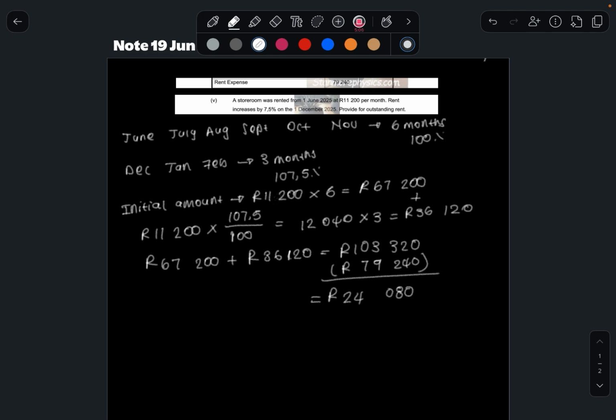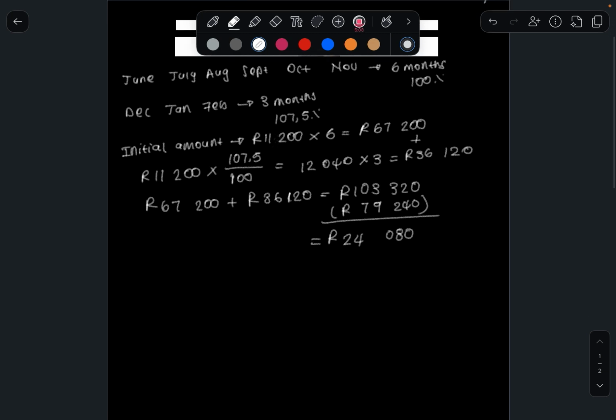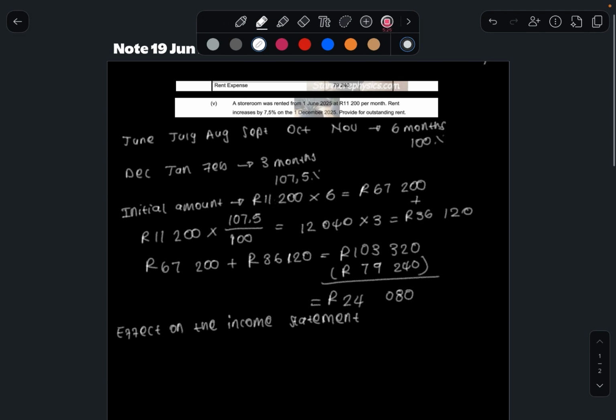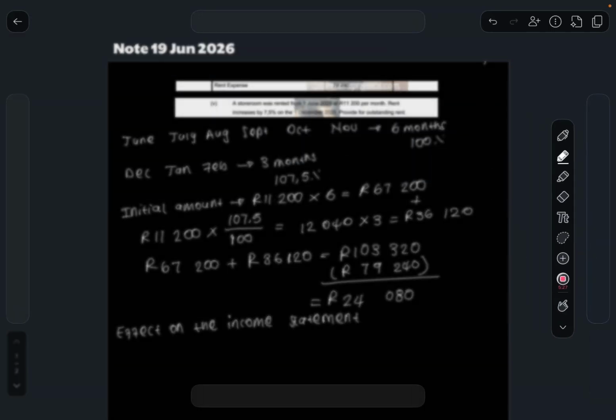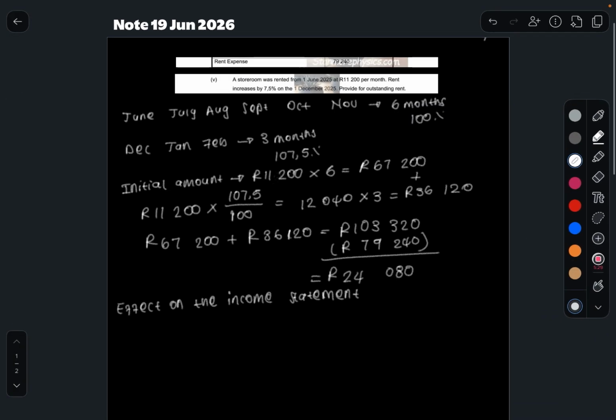This is the amount that we're supposed to pay. So, effect on the income statement. This is an expense, right? Let me underline it.